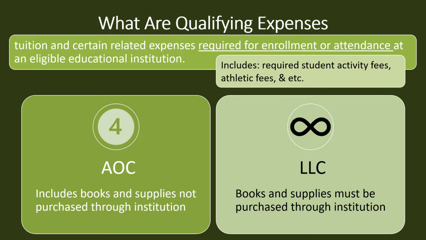So this includes required student activity fees, athletic fees, etc. Things that our students have no choice about. The institution just charges them as part of their being enrolled at that institution.